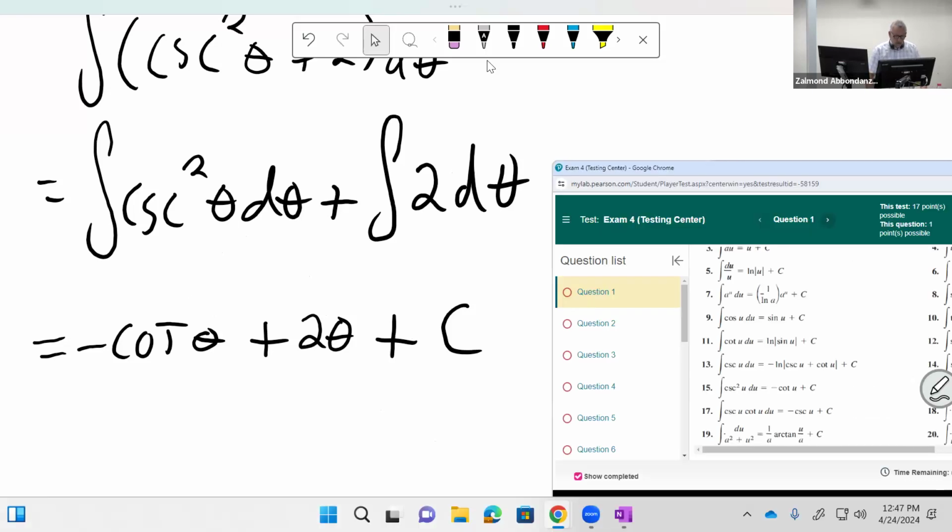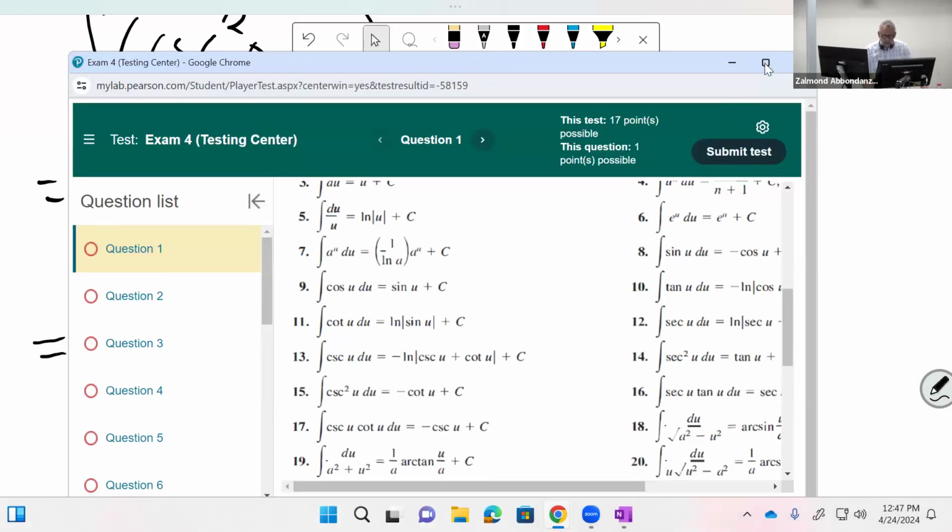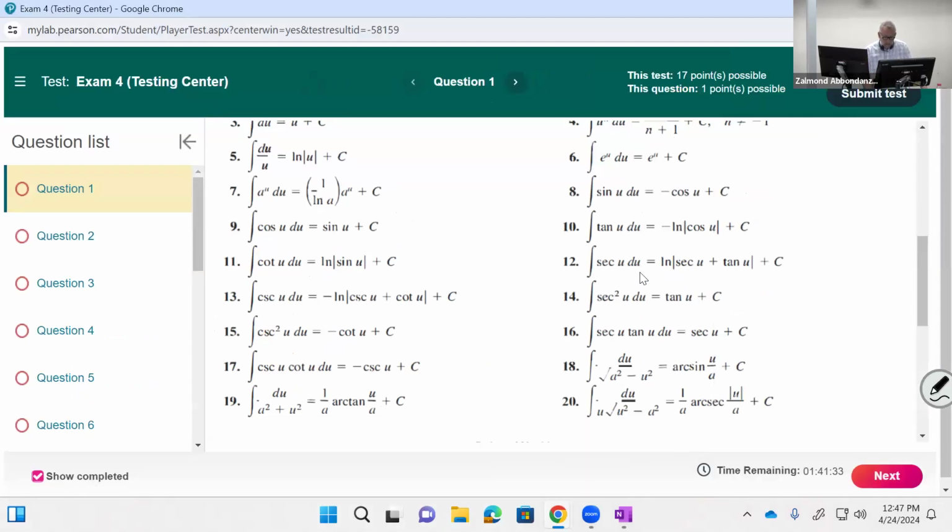In this chart, they give you the general setup, and it doesn't matter whether it's u, y, v, or anything. They're using u instead of x. If you need to do a substitution, then you should do a substitution. This gives you the general structure of the antiderivatives and the derivatives.